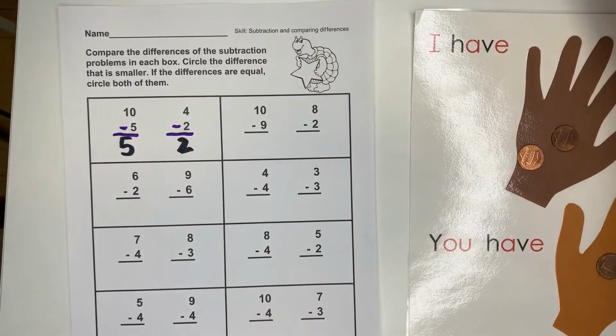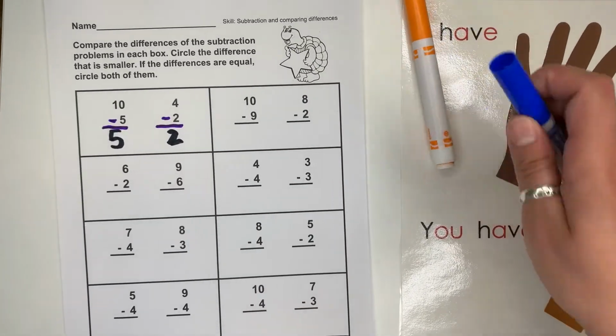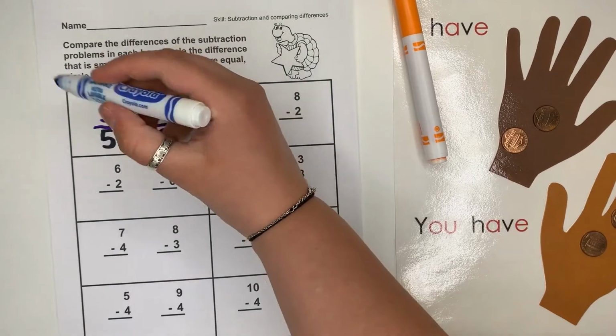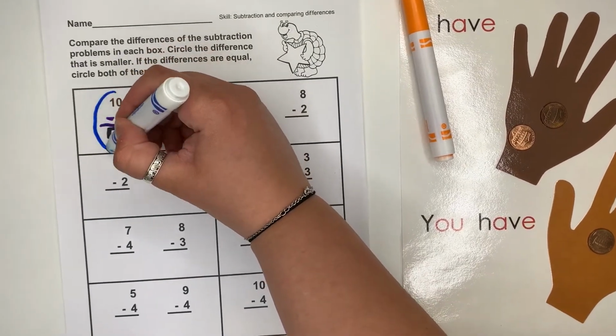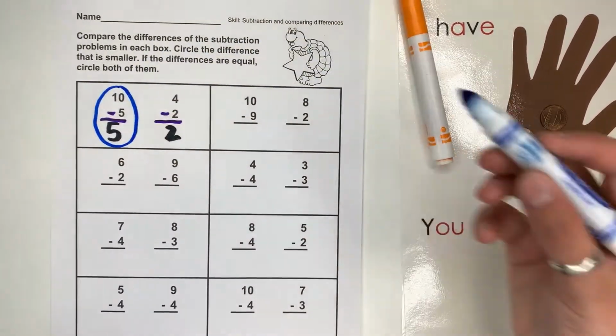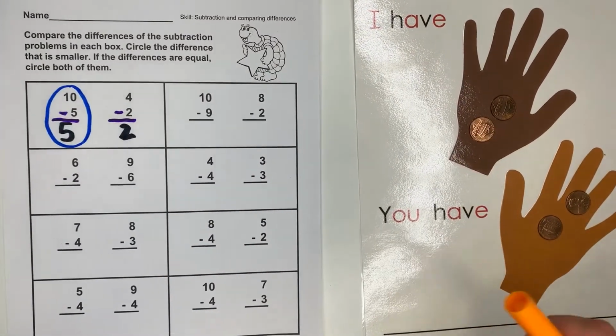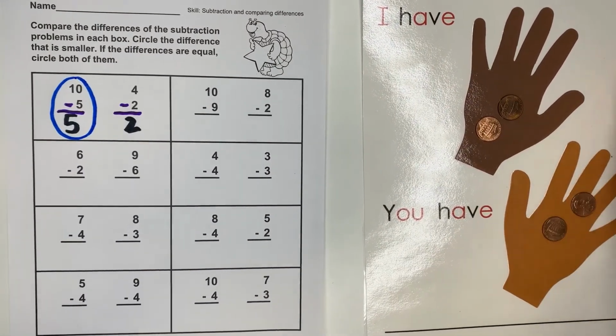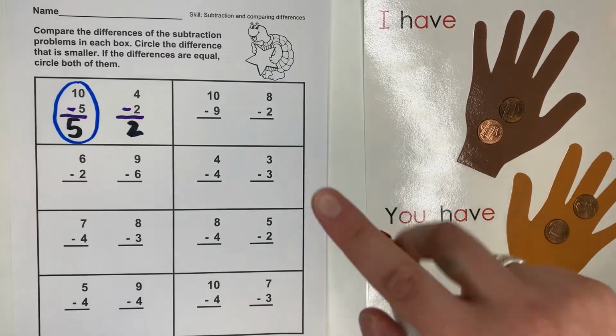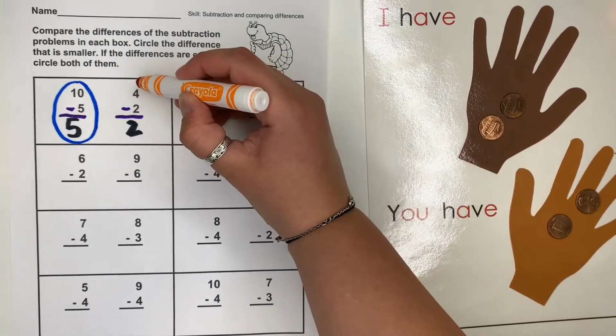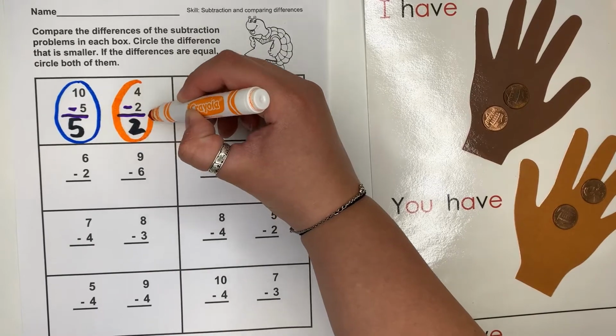So circling with our blue, we are going to circle the greater number. And so that means which one is the least amount or the smallest number? Right, 2. We're going to circle that with orange.